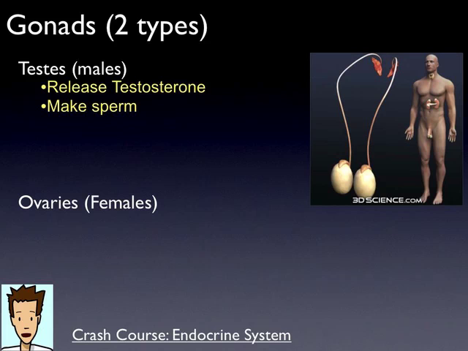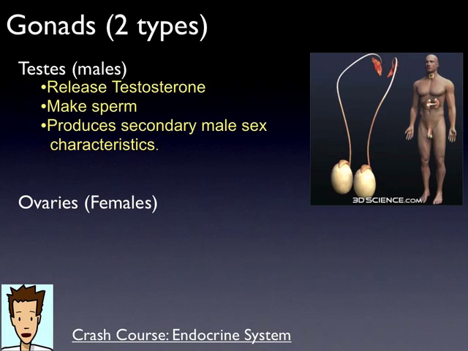Testosterone is responsible for what we call male secondary sex characteristics. So obviously, there are differences in anatomy between males and females, but then we have these secondary sex characteristics. Testosterone, for example, is responsible for a deeper voice, more body hair, and more muscle mass.